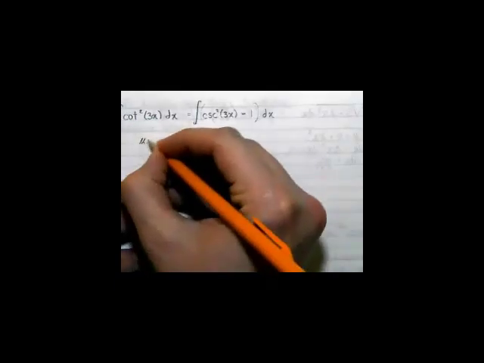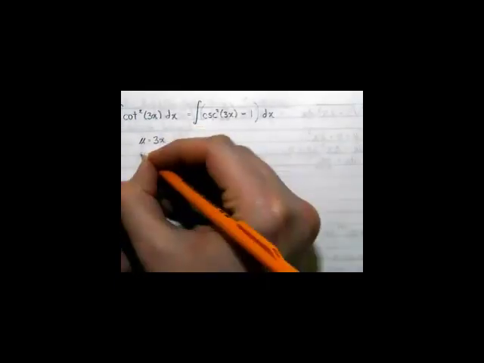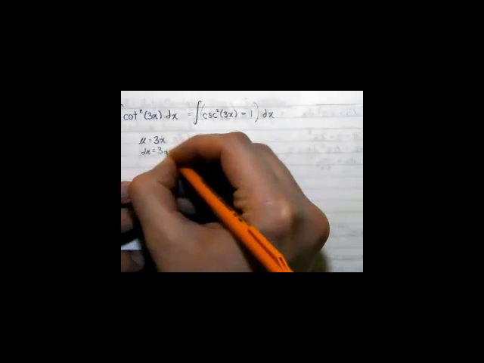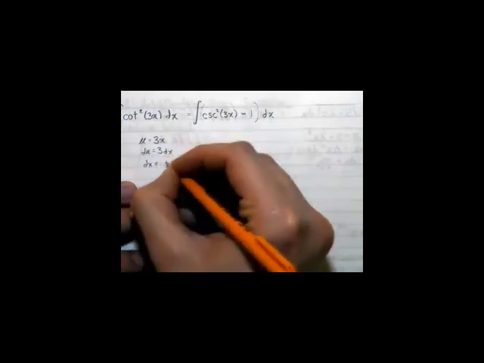And what's going to be the good substitution on this one? 3x. Okay, blitz through that real quick. u is 3x, so du is 3 dx, so dx is du over 3.